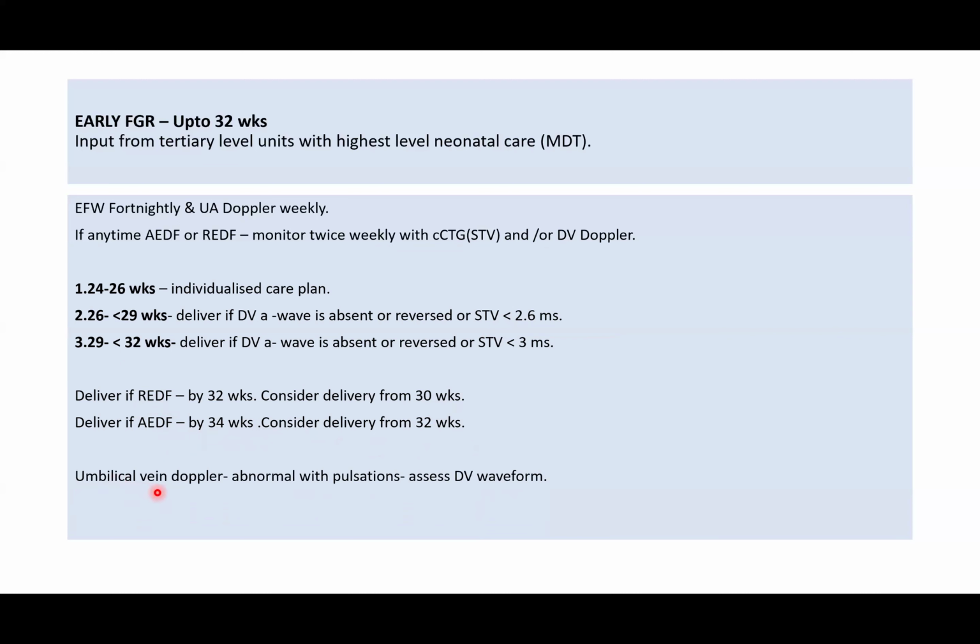Also, if umbilical vein Doppler shows abnormalities with pulsations, then we have to assess the ductus venous waveform. Any time the woman is complaining of reduced fetal movement, then computerized CTG is done to monitor the fetal heart rate.